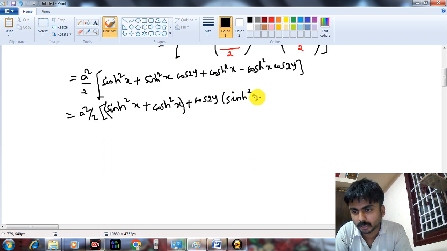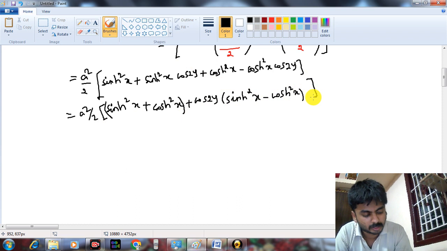Sin h square x into, it is minus cos h square x, cos h square x.